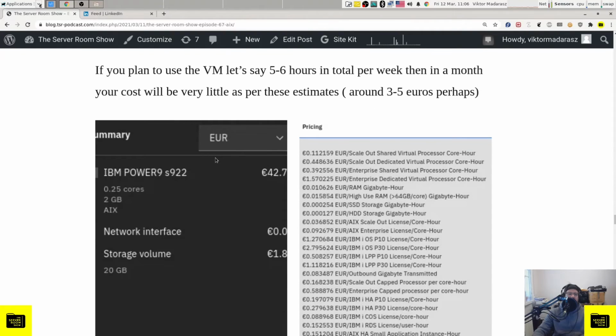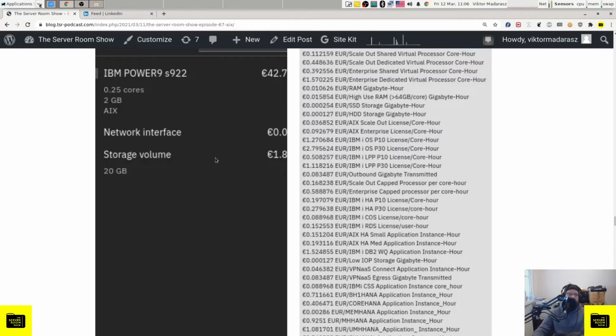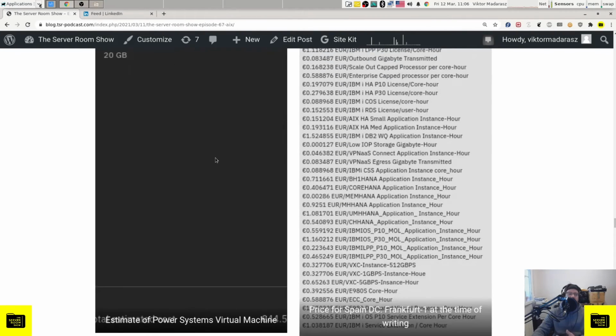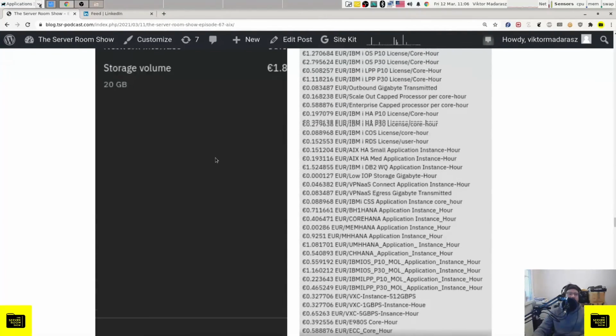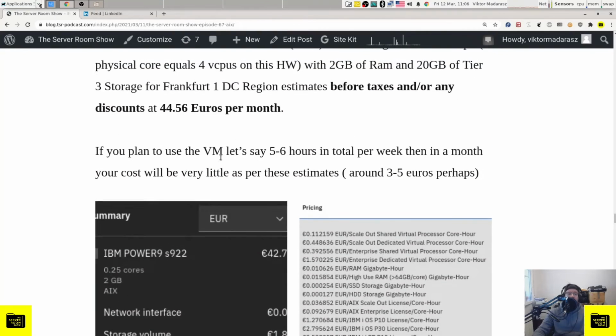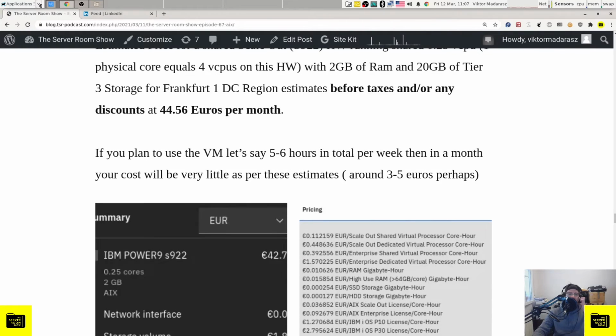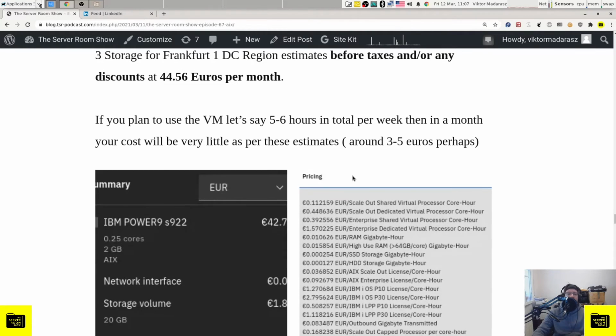Now I have to say that this estimate, which includes the storage volume, the CPU and RAM, is for a full month. So if I take this 45 euros and break it down, I estimated my usage up to, let's say, 20 hours a week, which I could spend on using AIX or learning about it.